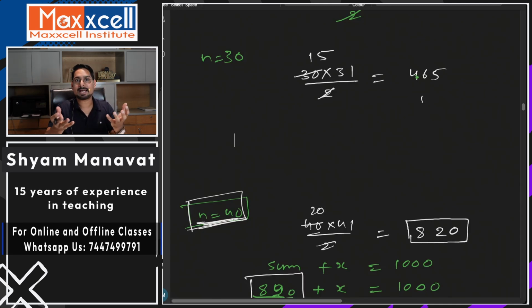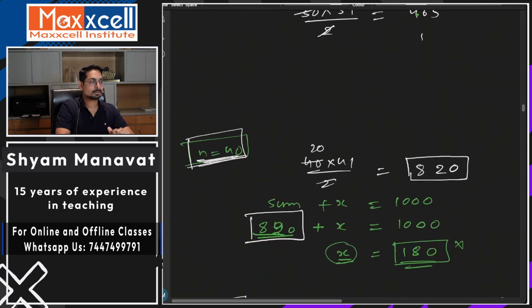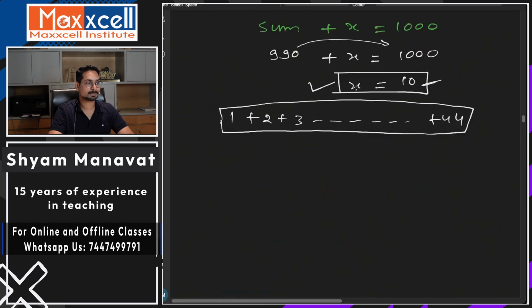It's not possible to have 180 in between 1 to 40, right? That's why n equal to 40 is not the correct value for n. The total number of pages in the book cannot be only up to 40. It has to be more than that. Are you getting it? And for 44, it is working perfectly.